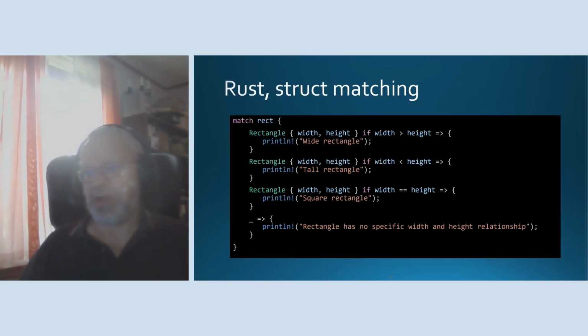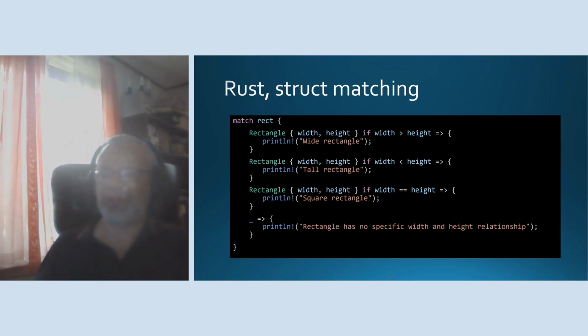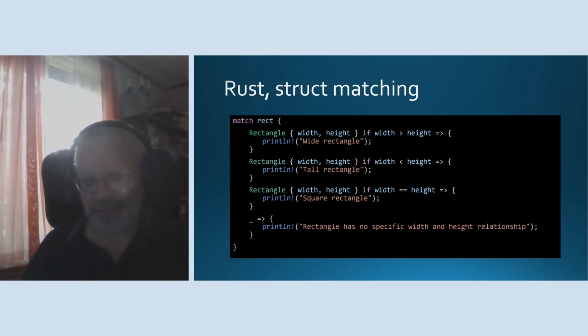In Rust, we can match on a struct. Say we have the variable rect. It's a rectangle, and we can match on if the width is greater than height, then we have a wide rectangle. If width is less than height, we have a tall rectangle. If they are equal, then we have a square.